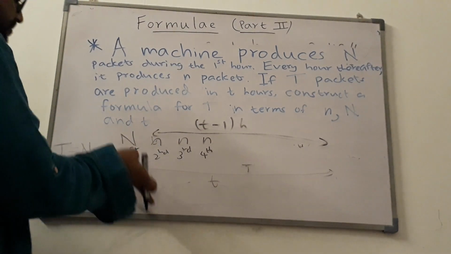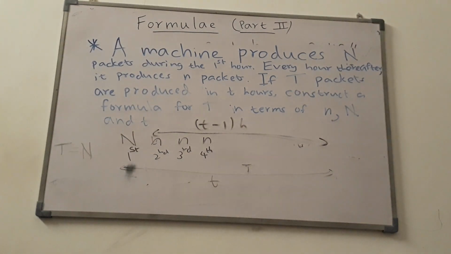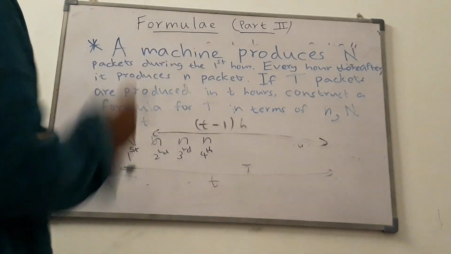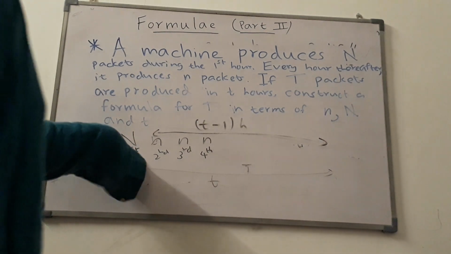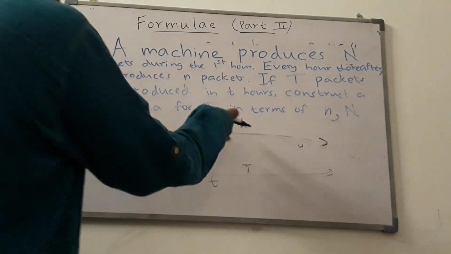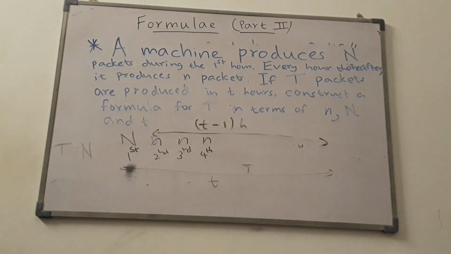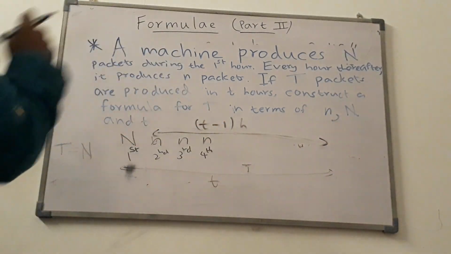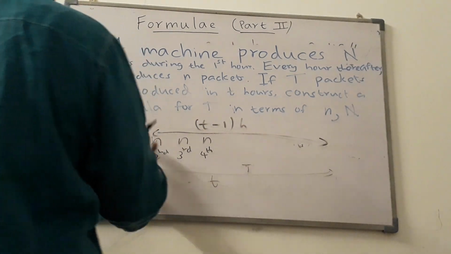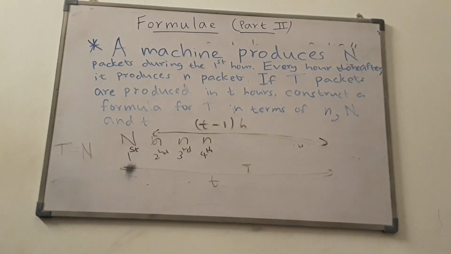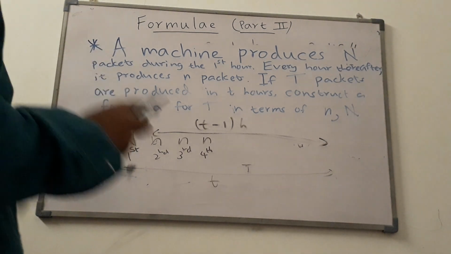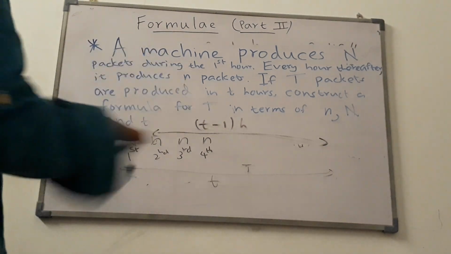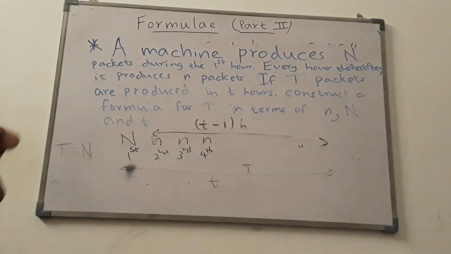But the first hour it is capital N, so without the first hour, the rest of the hours means t minus 1 hours. For these t minus 1 hours, they continuously produce n packets.